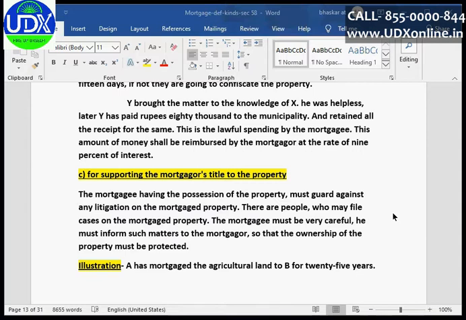The mortgager may not be in a position, his financial condition is bad, he cannot afford to go to the court. Then the mortgager can tell the mortgagee, Mr. Mortgagee, you are having the possession of my property for this much period.